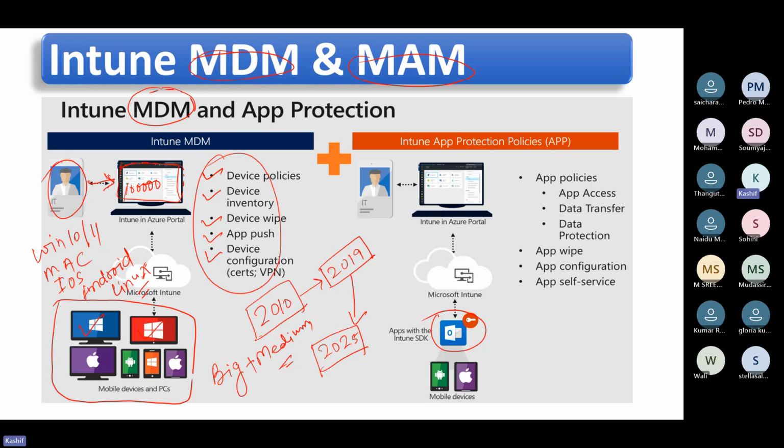If a user is trying to download an attachment, it will not download in the device, it will download in OneDrive. All those kinds of policies you can define. You can also wipe the data, and do configuration policies and self-service. There are various things which you do as an Intune administrator.